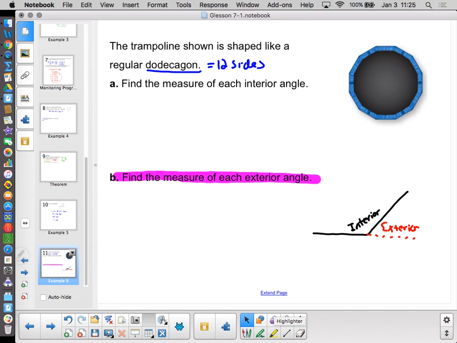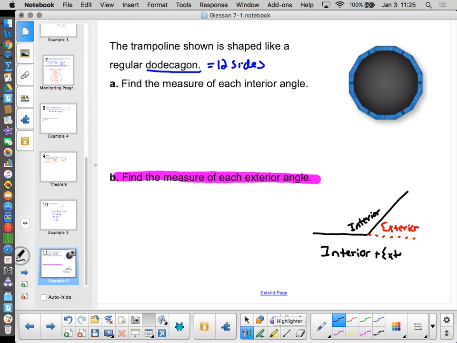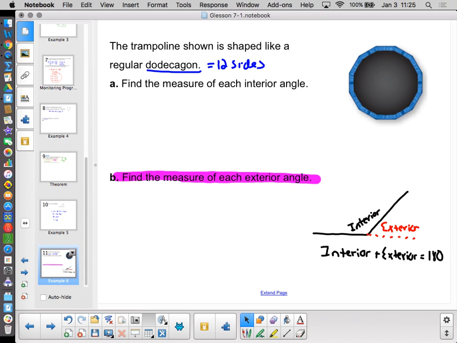And I notice that no matter how many sides it is, the sum of the interior plus the exterior is 180. Now, interior angle, like we said, the sum is a moving target. It depends on how many sides you have. Exterior angles always add up to 360. So it's much easier to calculate the measure of each exterior angle in a regular polygon than each interior angle.